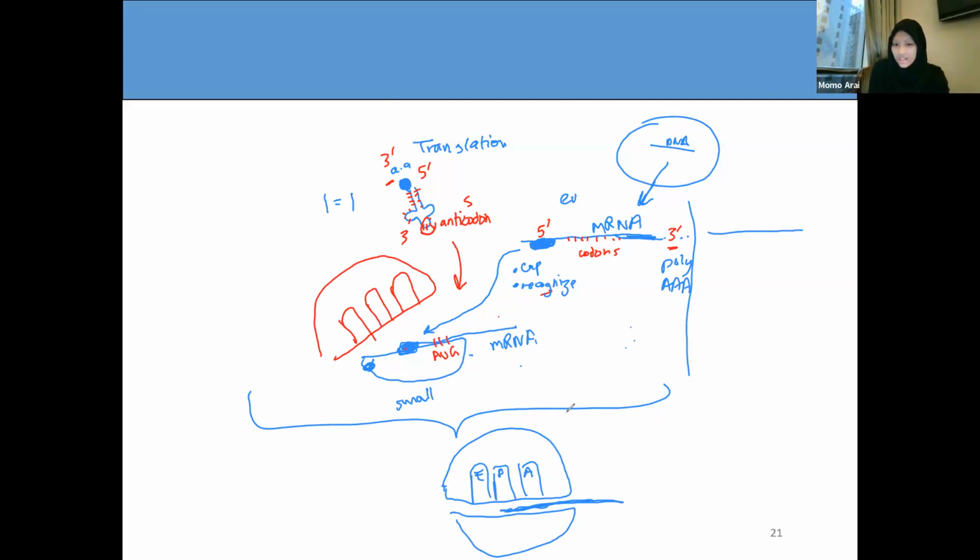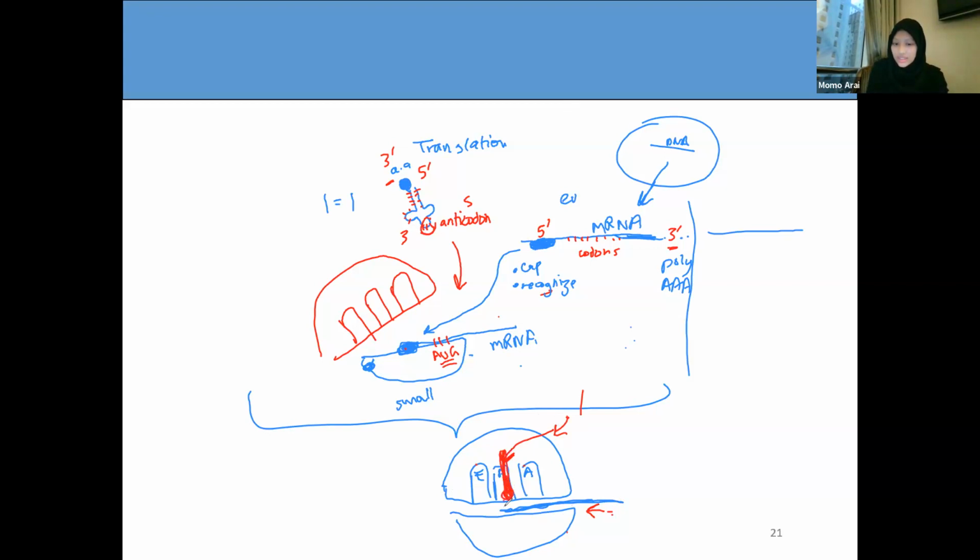So mRNA binds on the small ribosomal subunit. The first tRNA comes and binds to one piece. Only the first tRNA, for AUG, which is the start codon, comes to P. This is where the tRNA is.